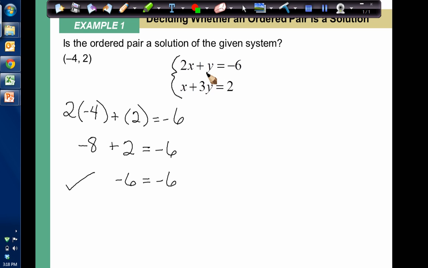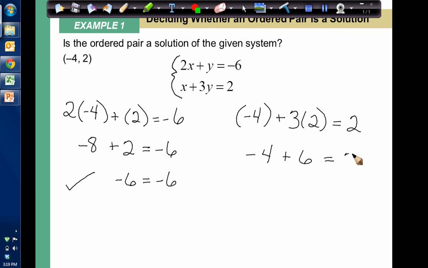But if it's going to be a solution for the system, it has to be a solution for both. So let's plug in -4 and 2 into the second equation as well. Is -4, 2 a solution to this equation? -4 plus 6 equals 2, and that again is the truth. It works out. So we get 2 equals 2.